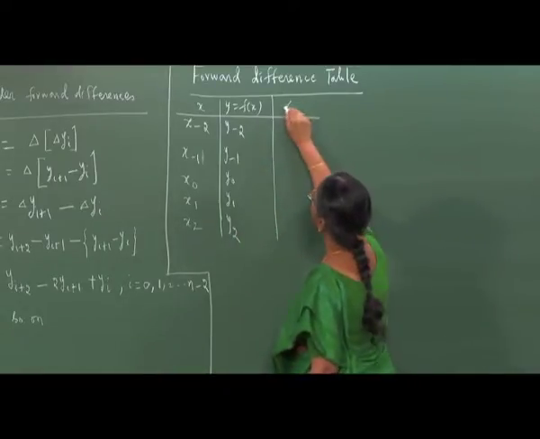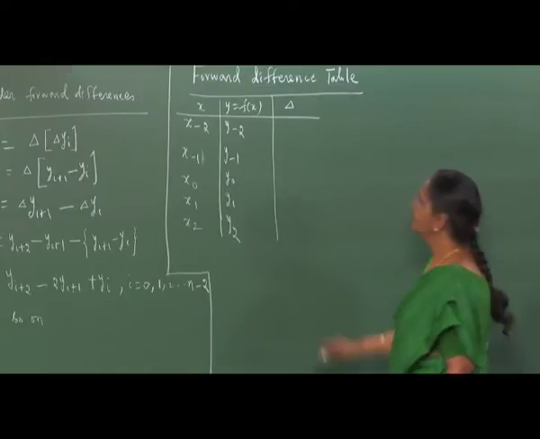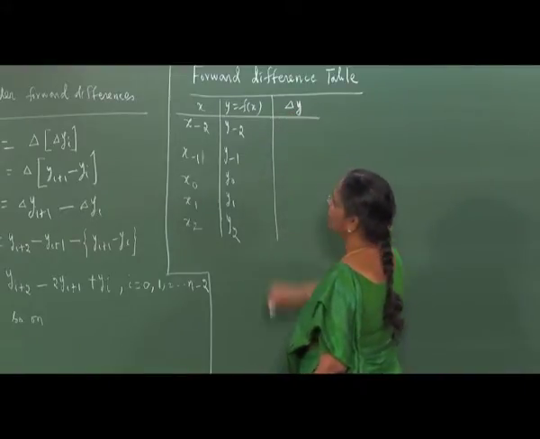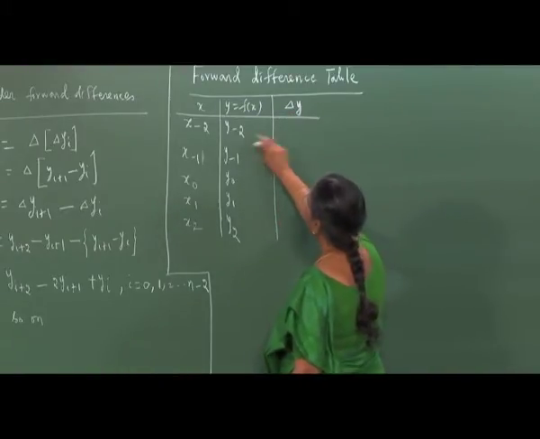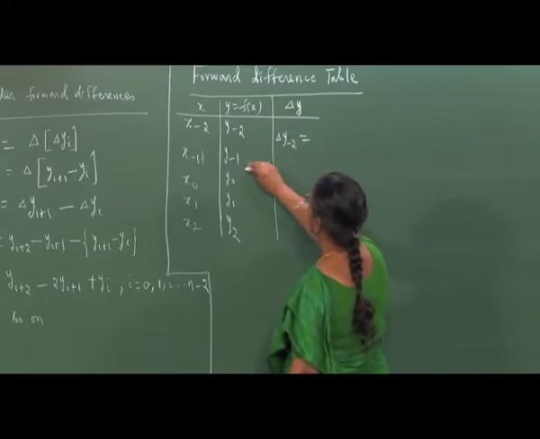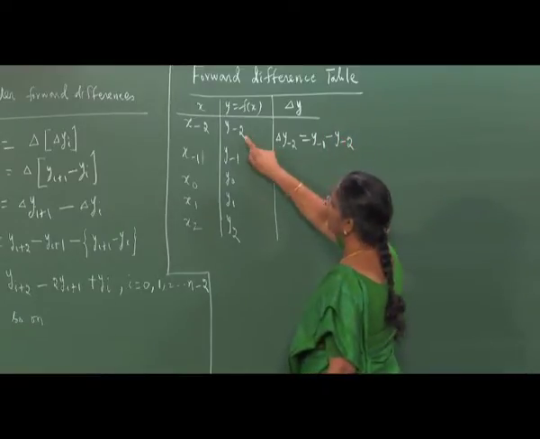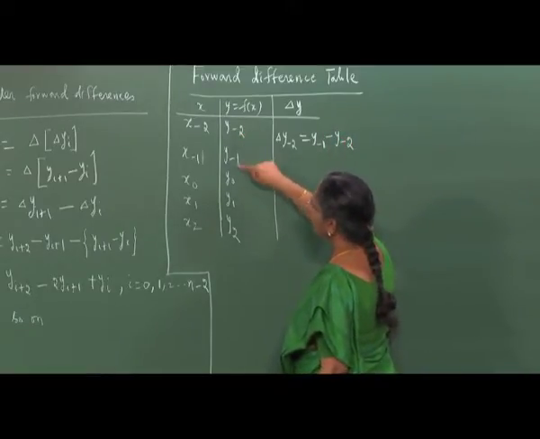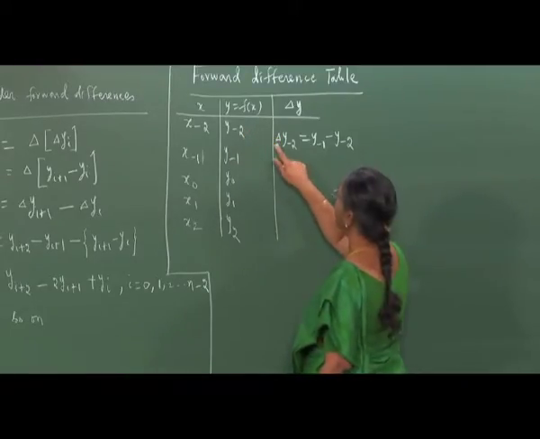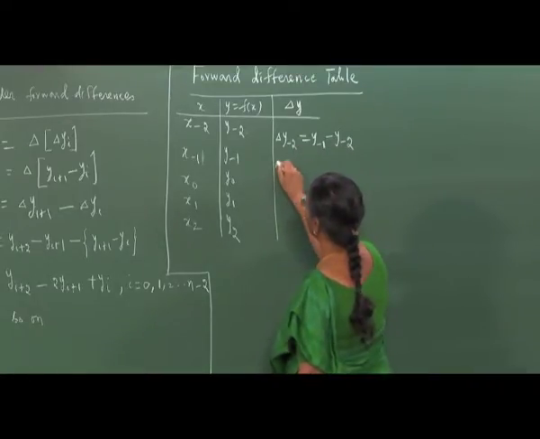So, we form the various order forward differences. Let us compute delta y, the first order forward difference. So, delta y minus 2 will be y minus 1 minus y minus 2. So, the value at the next point minus the value at this point.